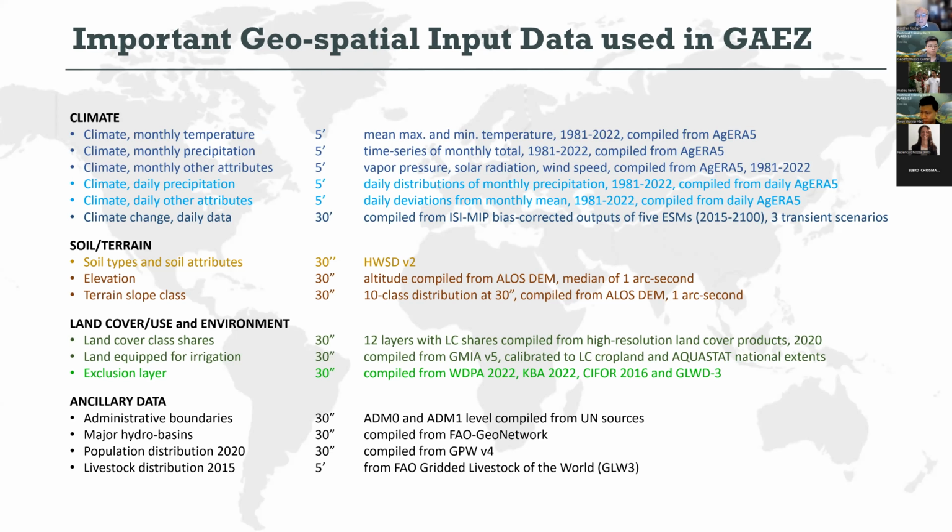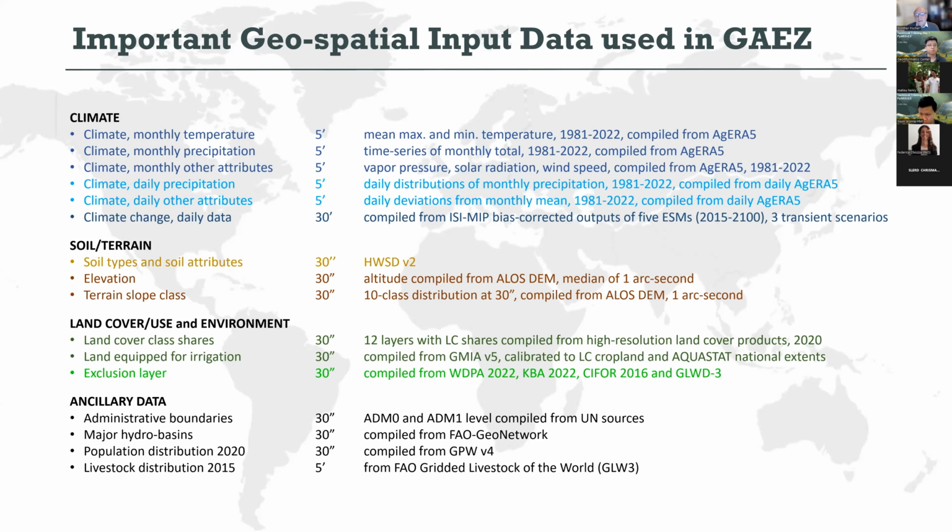Land cover is represented in the system as a key input as well. It is done in terms of 12 layers with land cover shares in each 30 arcsecond grid cell, compiled from high resolution land cover products, and it is focused on the year 2020 approximately.